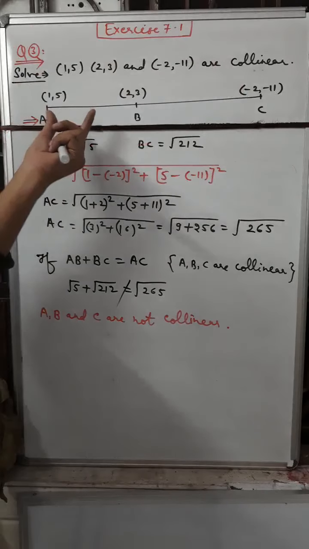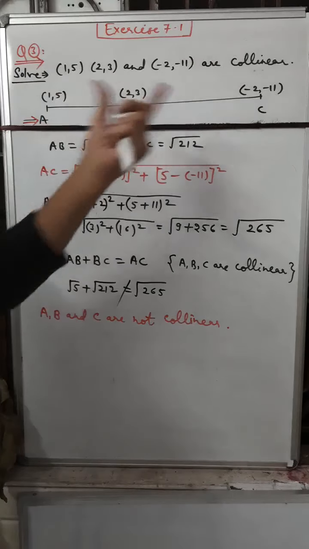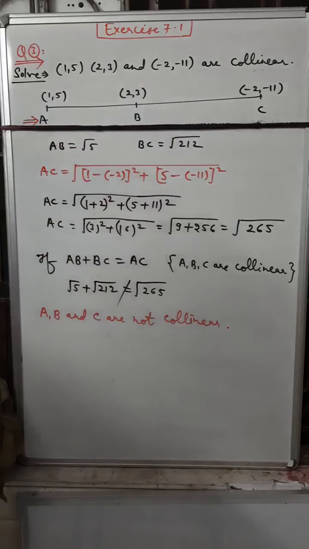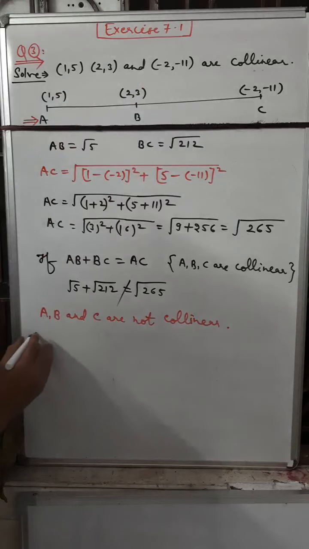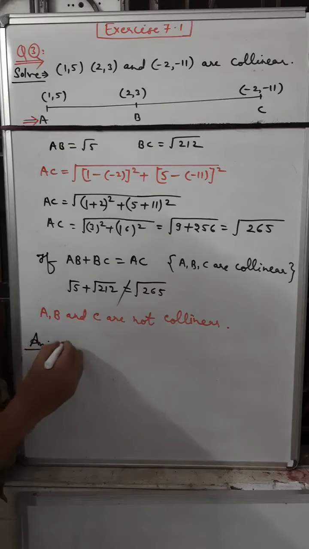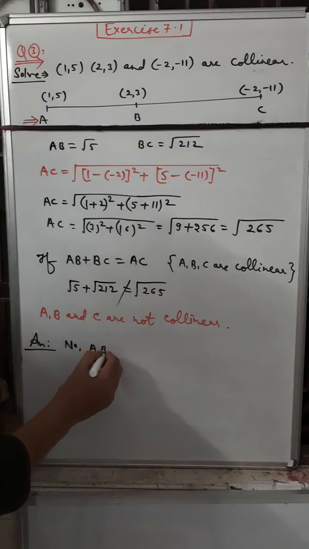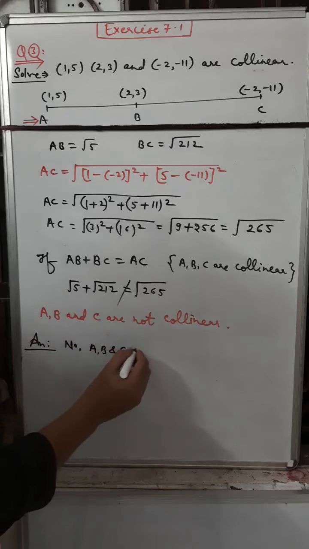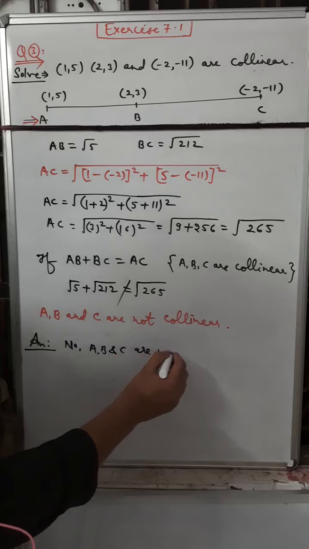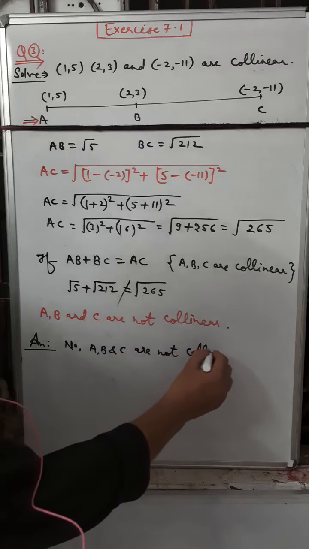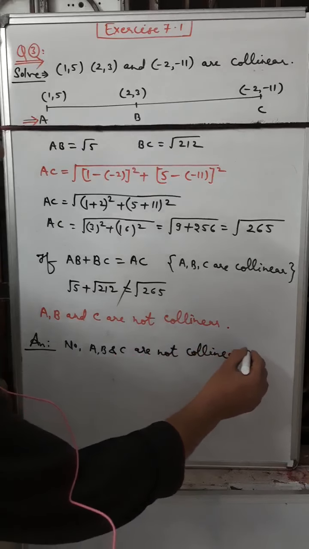If AB plus BC does not equal AC, we can say that ABC are not collinear. So the answer is no. A, B and C are not collinear points.